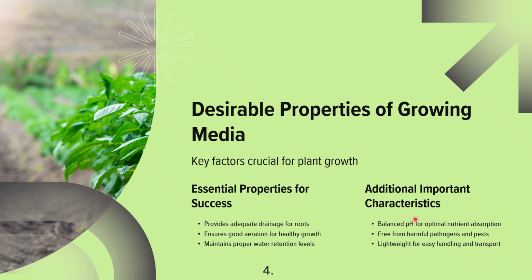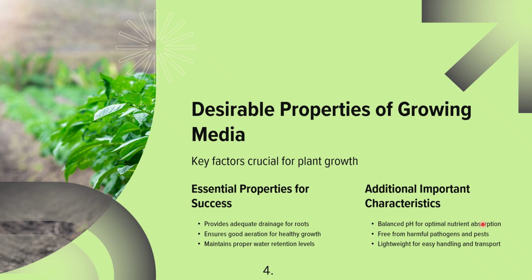Two, as mentioned before, we want to make sure we're keeping it free for living organisms, to help those microorganisms break down the nutrients. But in this case, we're also making it a space where we're not going to have nasty pests.